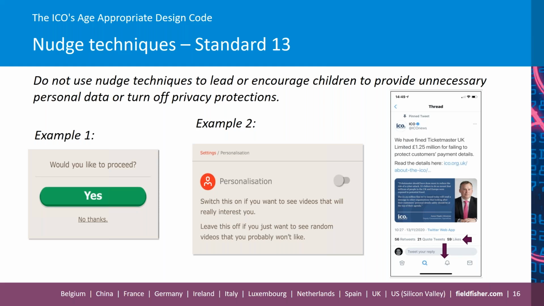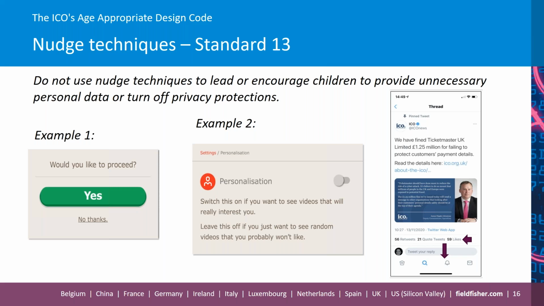So for example, here in example 1, which is taken directly from the code, it shows the yes in quite a large green background color with the white yes on top, and then a small no thanks. And what should not be done is there should be no differentiation that nudges a user in one direction or the other.